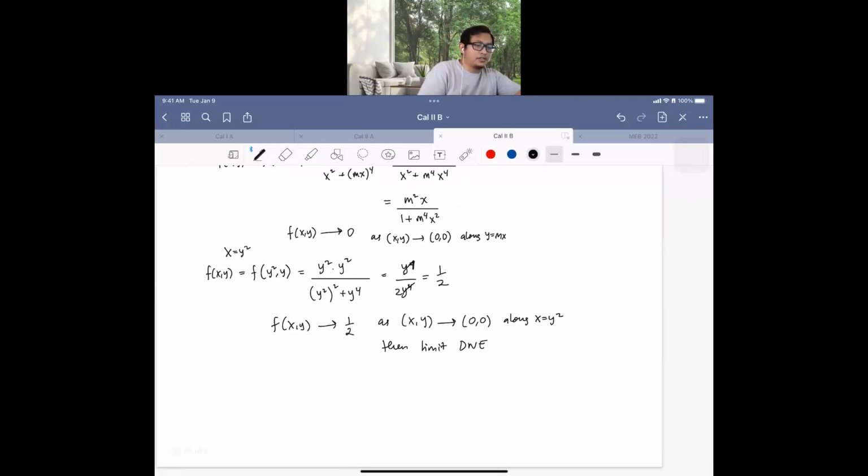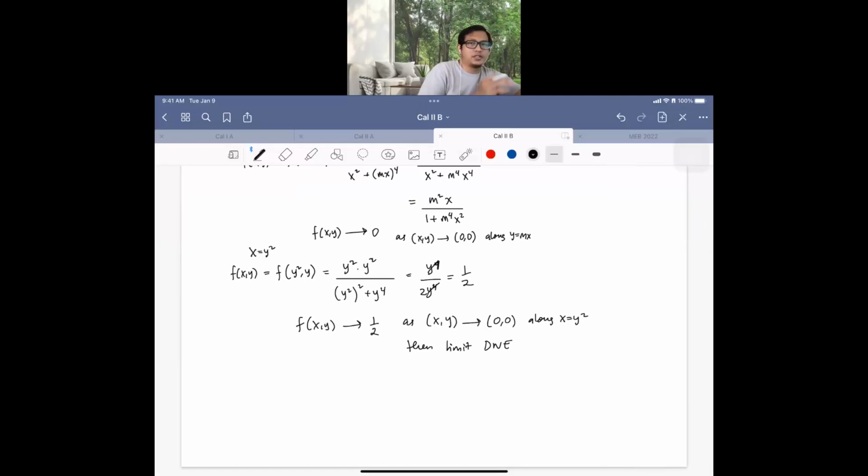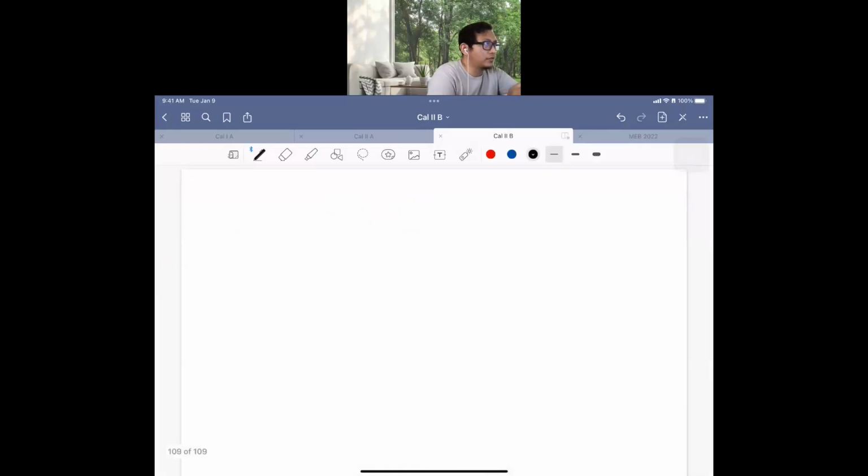The next section, after we deal with the limit, similar to what we have in calculus 1, is the continuity.